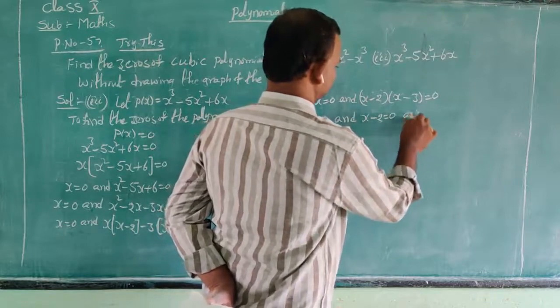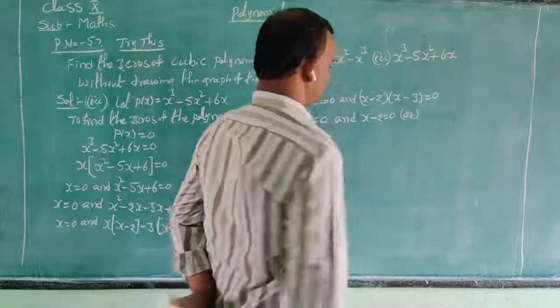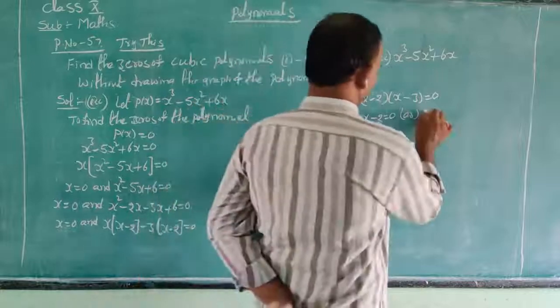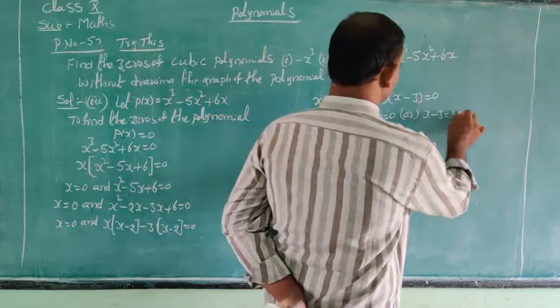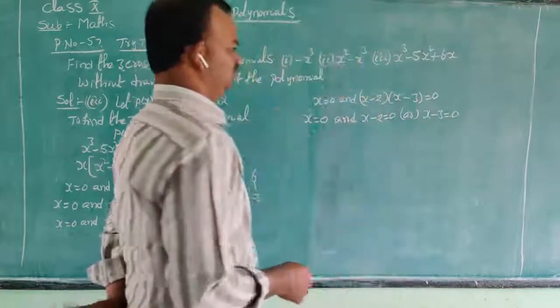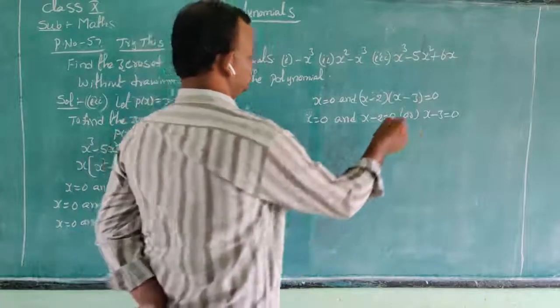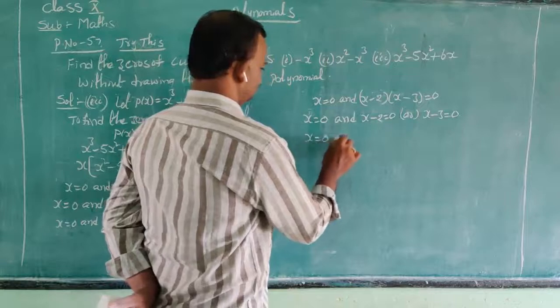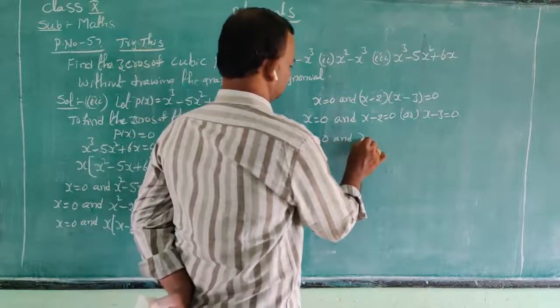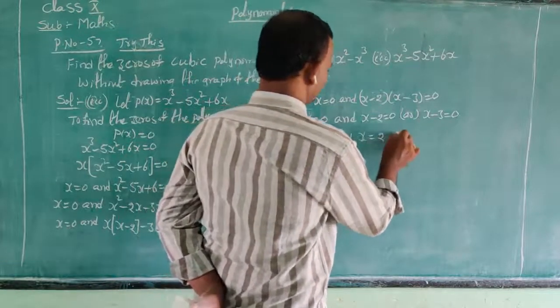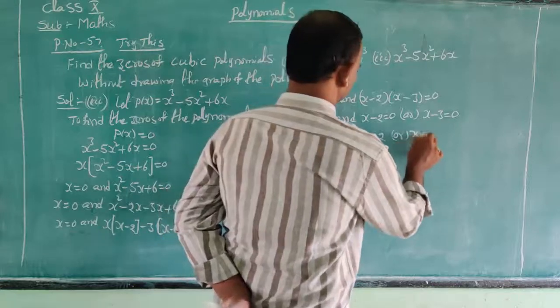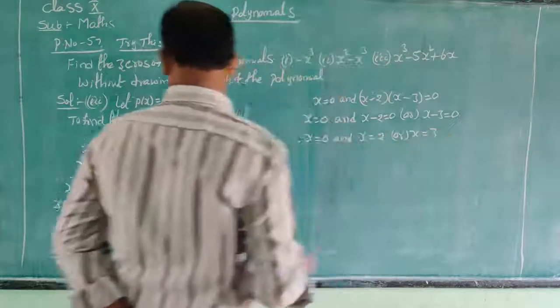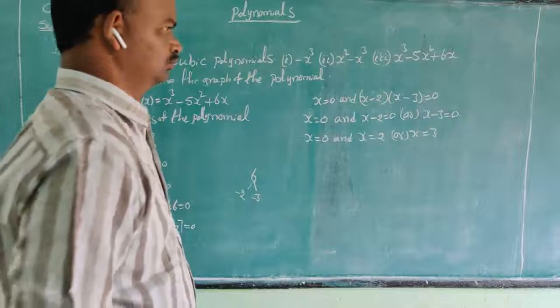That means x is equal to 0, or x minus 2 equal to 0, or x minus 3 equal to 0. So x is equal to 2 or x is equal to 3.